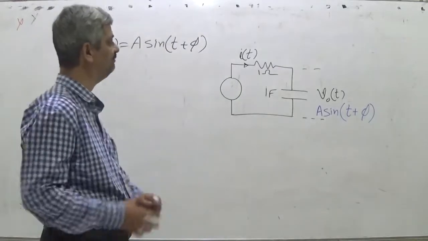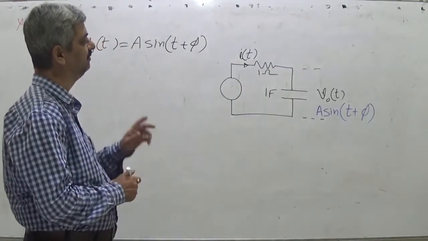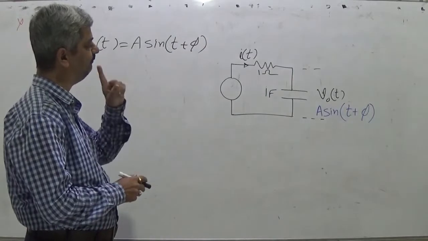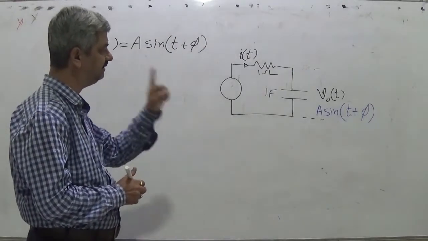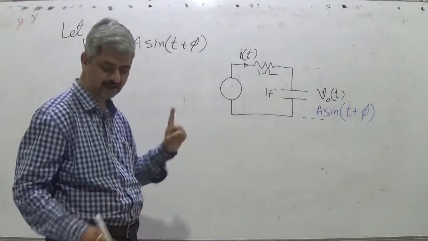Now, how can we proceed? The voltage v_o(t), which is assumed, is A sin(ωt + φ).